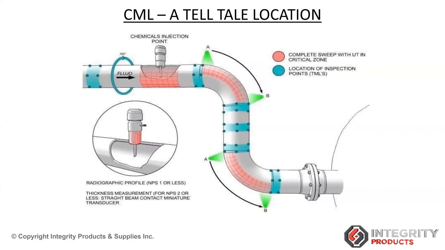For example, we use inhibitors and neutralizing chemicals that are quite frequently used in oil refineries and petrochemicals, where they might be injecting hydrazine or other chemicals to reduce the aggressive nature of the service, because that can impact the corrosion rate. So we need some sort of condition monitoring location, even to quantify or qualify the effectiveness of the chemical injection programs.